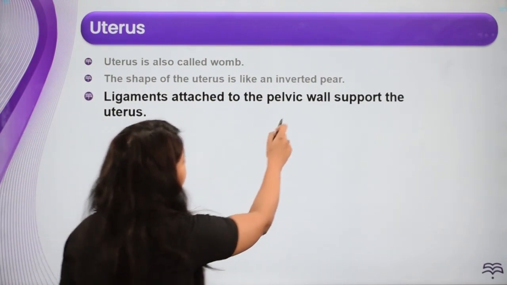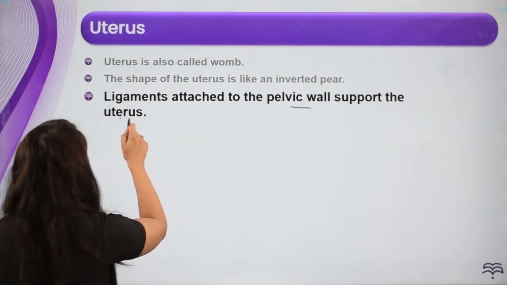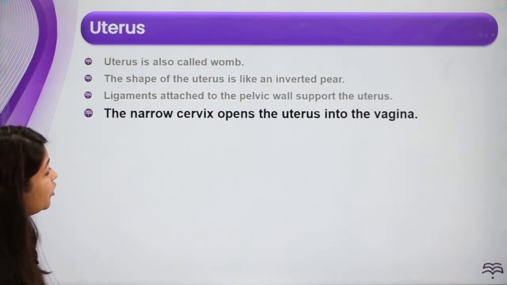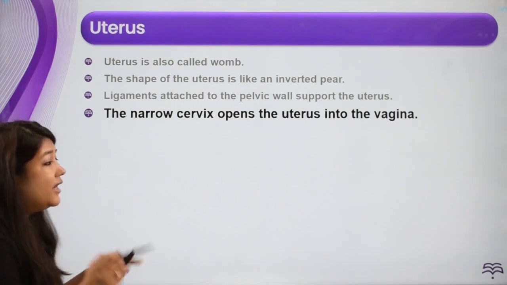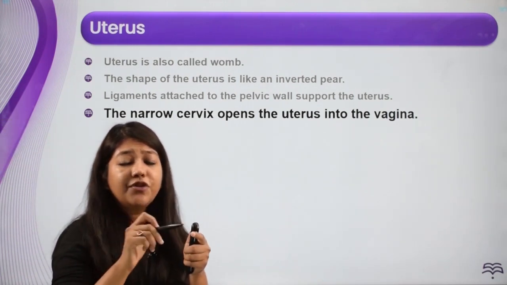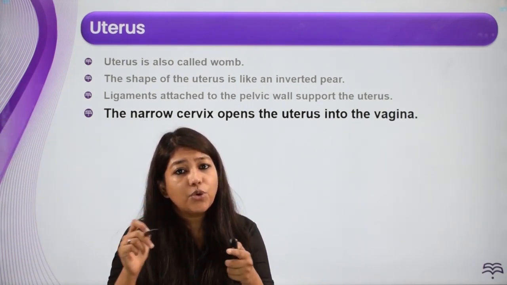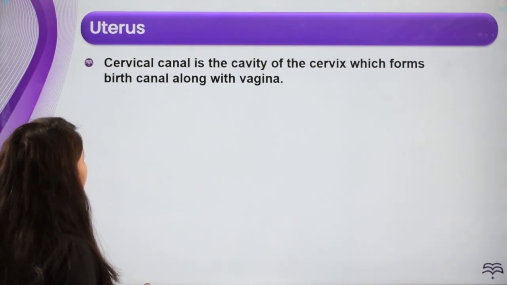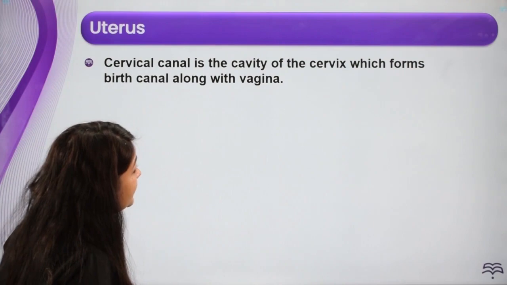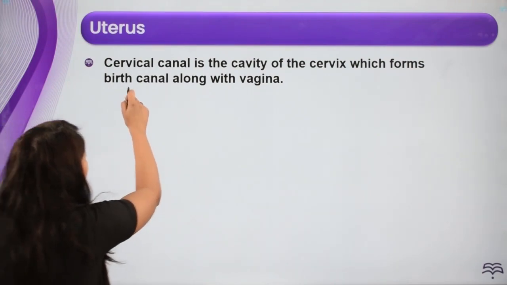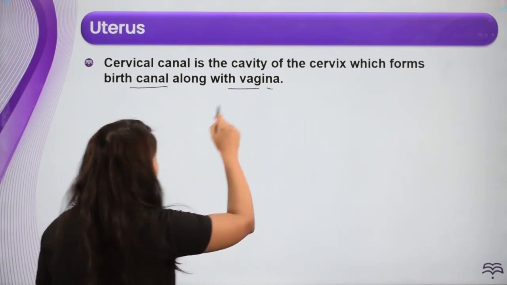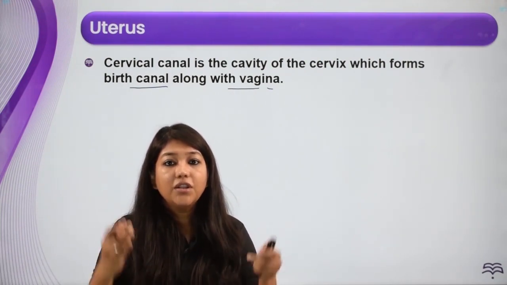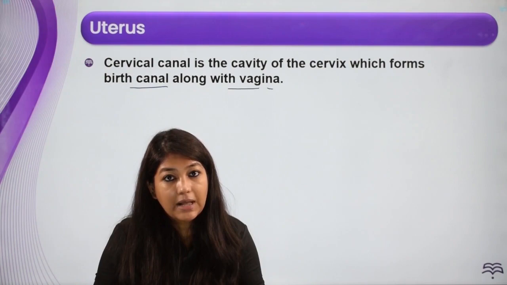Ligaments attached to the pelvic wall support the uterus. All right. The narrow cervix opens the uterus into the vagina, right? We saw in the first diagram how the cervix was opening into the vagina. Now, the cervical canal is the cavity of the cervix which forms the birth canal along with the vagina. See, at the time of delivery, at the time of parturition, the fetus is going to come through this path, right?